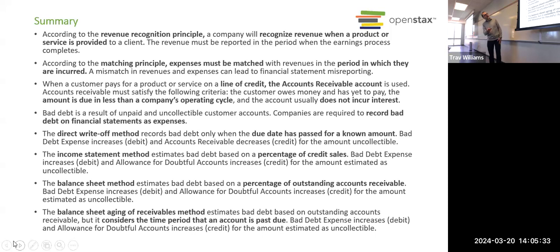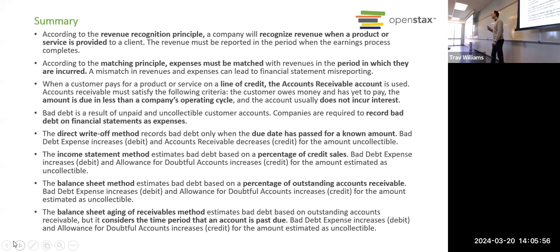We can issue accounts receivables to customers, allowing them to pay us in a period that's less than a year, or technically it could be less than an operating cycle. And when we estimate the bad debt, it's an expense.